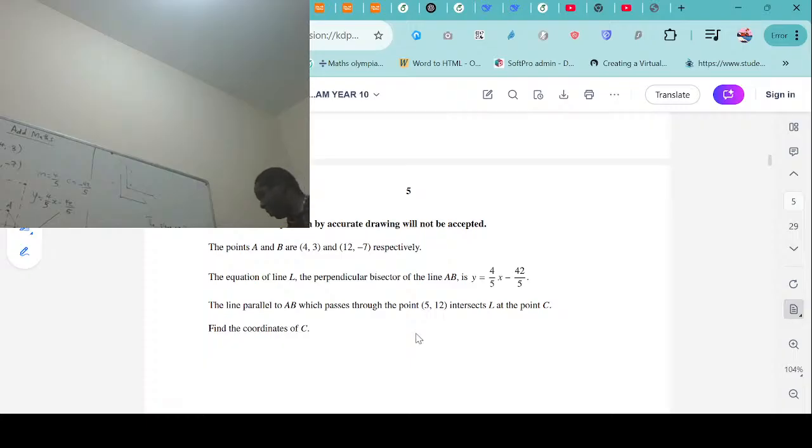If I make m1 the subject of the formula, this will become -1 divided by 4 over 5. When you have the reciprocal of the fraction, the fraction will be flipped. So this is going to be -5 over 4. Therefore, the gradient of our line is -5 over 4.